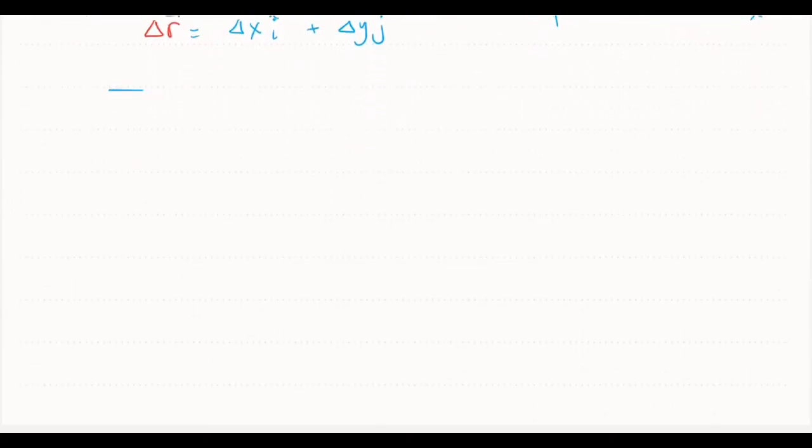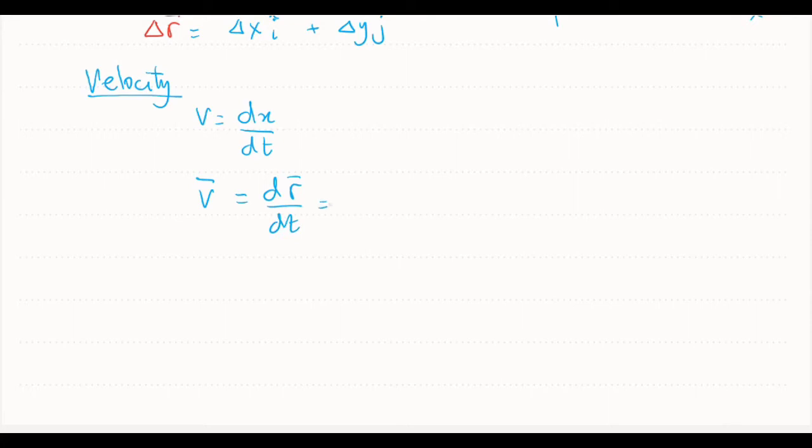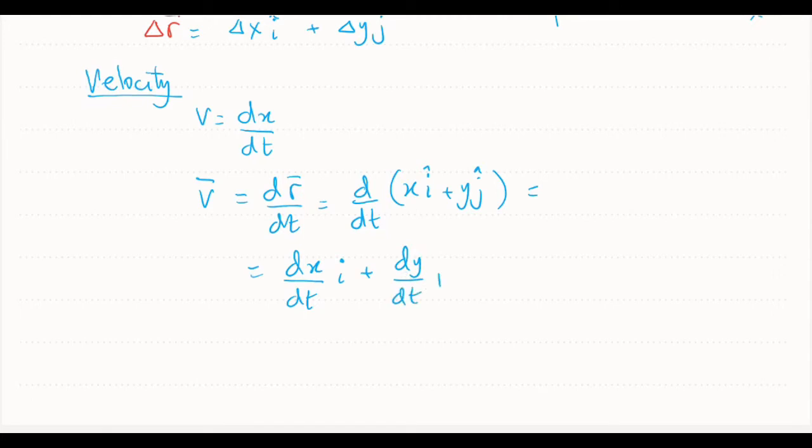Now the next thing is velocity. In 1 dimension, the velocity was simply dx over dt, and in 2 dimensions, it will be dr over dt, which is d over dt of xi plus yj, which would be dx over dt i plus dy over dt j.